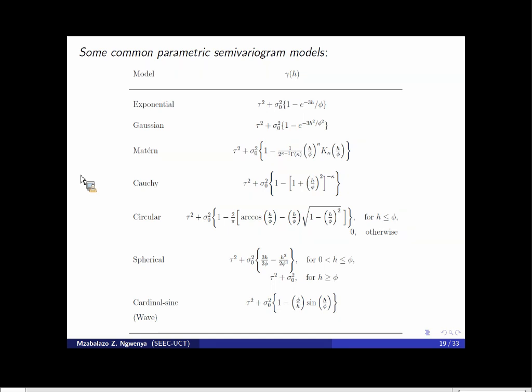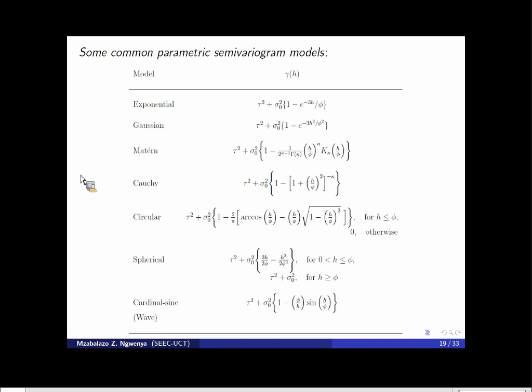So these are functions of h, and you can see in the first line, our exponential variogram, we've got our nugget variance, there's our tau, there's our sigma squared, and there's our range parameter.